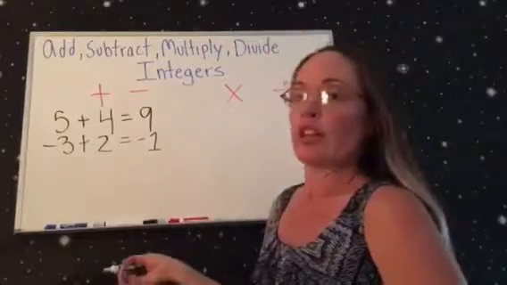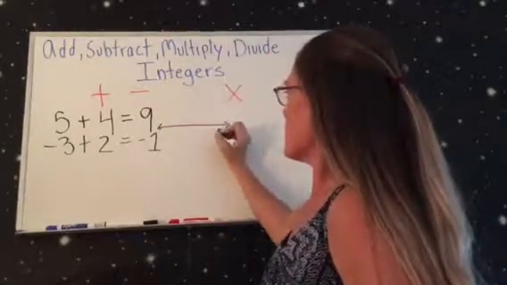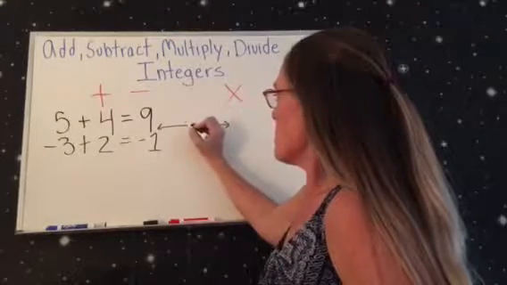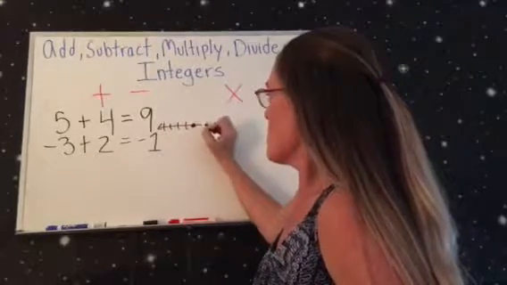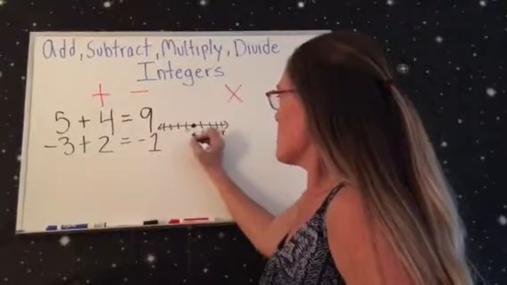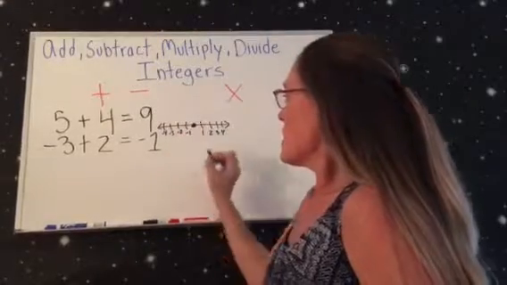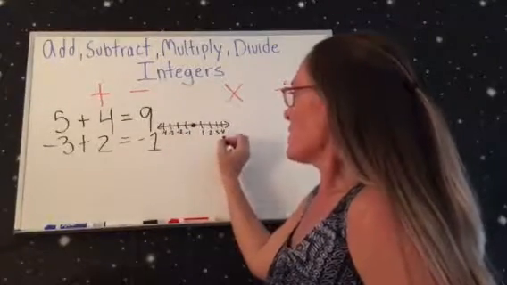And another way to look at that is to think of it on a number line. So you have the negatives on this side and the positives on that side.